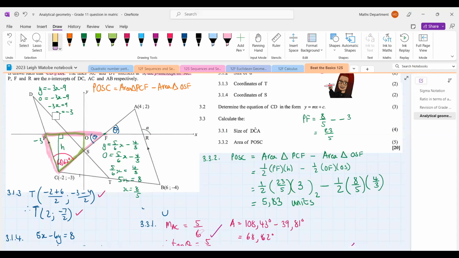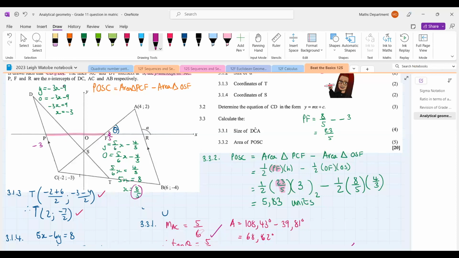Okay, Bonga, what I was doing was this. I calculated the length of PF to be 23/5. That's because I know that at P, the x coordinate is -3, and at F, the x coordinate is 8/5.